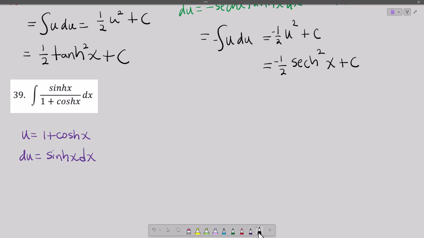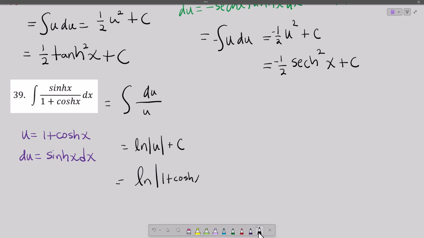That allows us then to write this as the integral of sinh x dx, that's du, and the bottom is u. That is natural log of absolute u plus c. So then we end up with natural log of absolute 1 plus cosh x plus c.